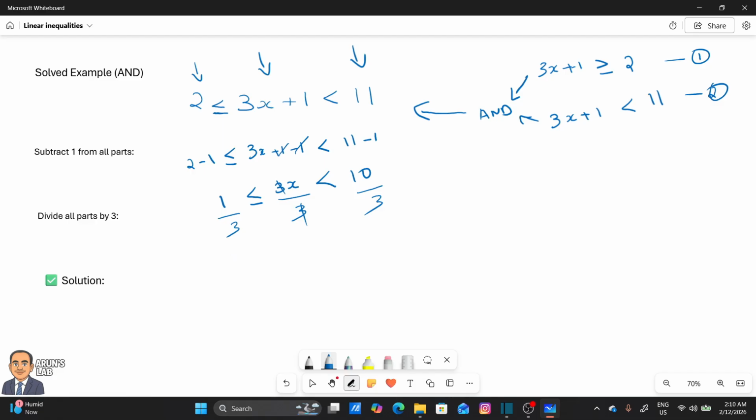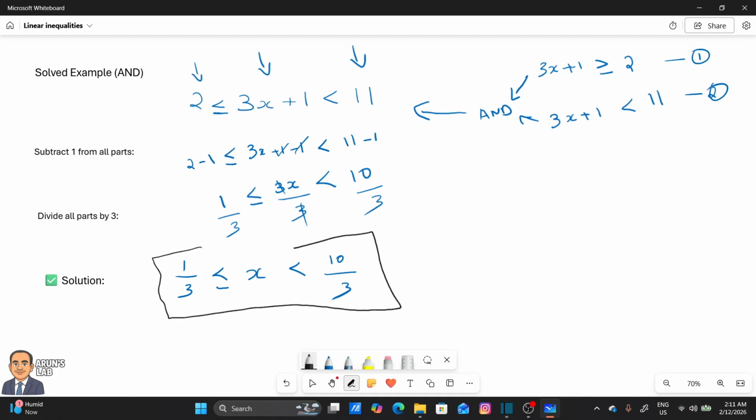So the final solution will be 1 by 3 less than or equal to x less than 10 by 3. So these are the values of x we can use in the original inequality, which make it satisfied.